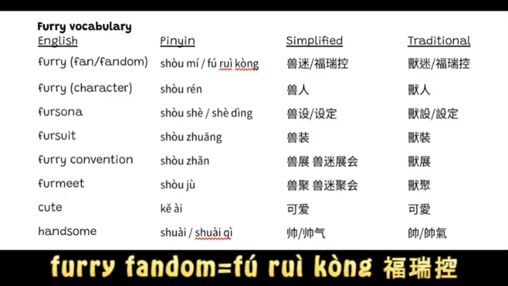And the last character there is 控. That is kind of a suffix to say you're like a fan of something. But if you just say 福瑞, that's also understood as furry.